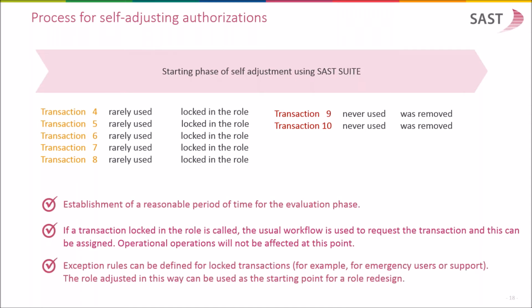So the process is that for standard activity for this user, the first 3 transactions he often uses will be remaining and staying in the role. And for these rarely used and locked in the role, we just define a specific workflow so that the user in the productive system on the fly can ask for this transaction 4, 5, 6, 7, or 8.